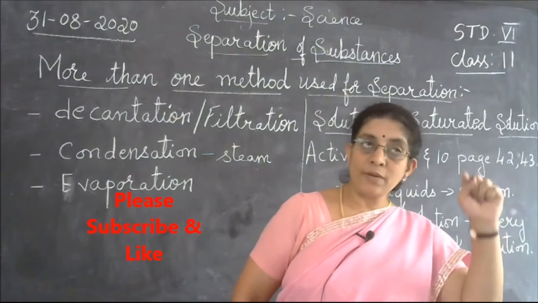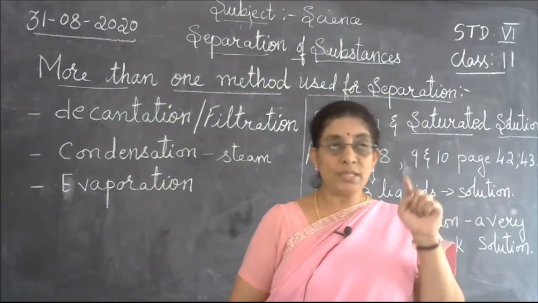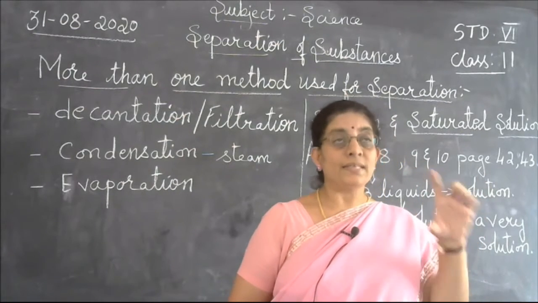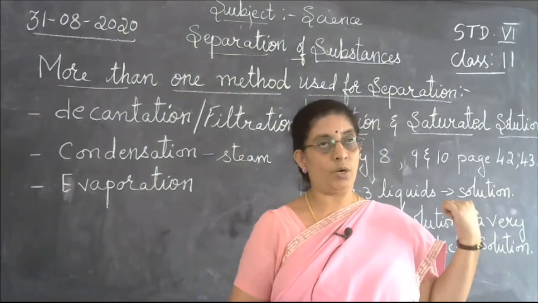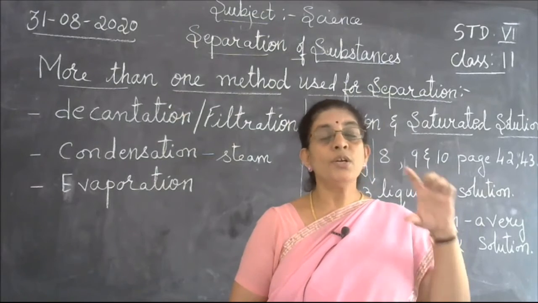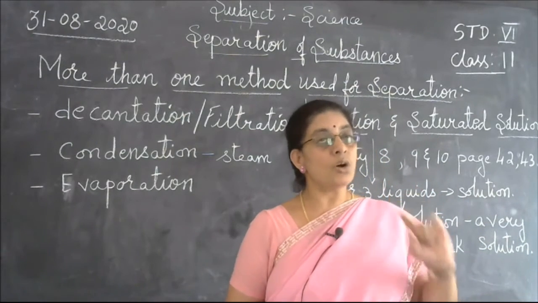So you can add 1 more spoon. After it dissolves, add another spoon. So this shows that hot water can dissolve the substances more easily than cold water. So the capacity of water to dissolve the substances is more when it is hot.